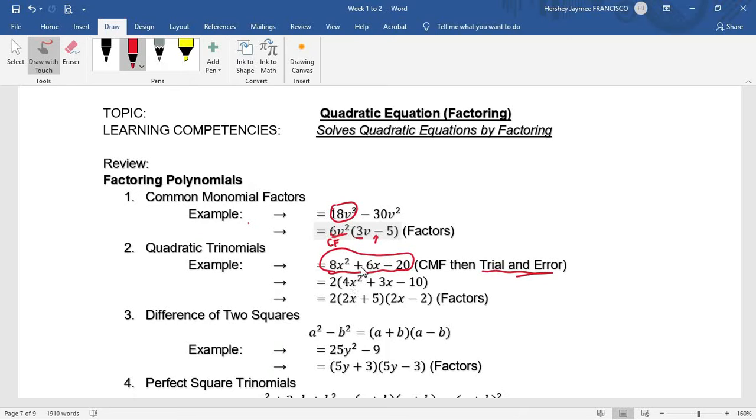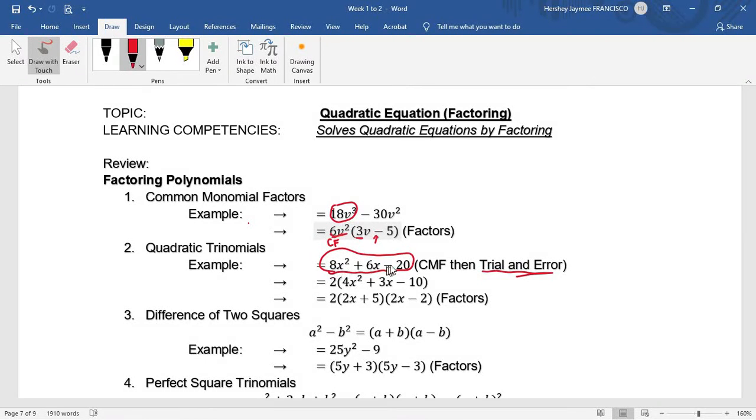So, anong dapat mong gawin? You always need to analyze the equation bago mo isolve. Kung ang direction ay solving quadratic equation by factoring, then stick ka lang dun sa factoring. But you have to deal with several factoring polynomial style para ma-solve mo yung equation.